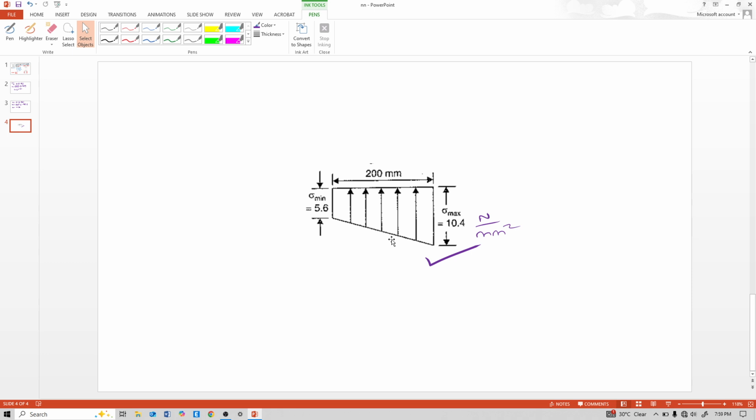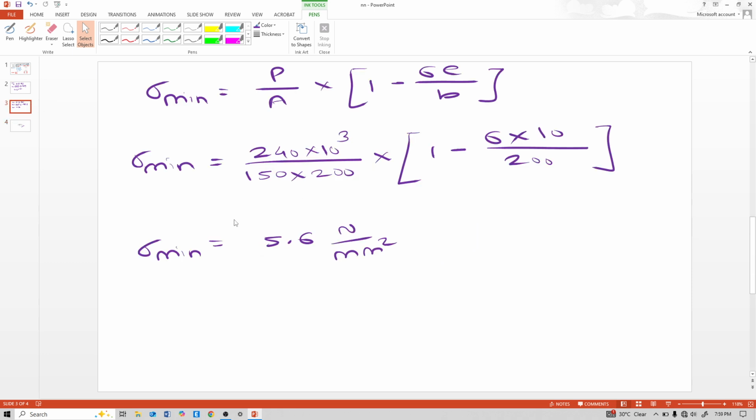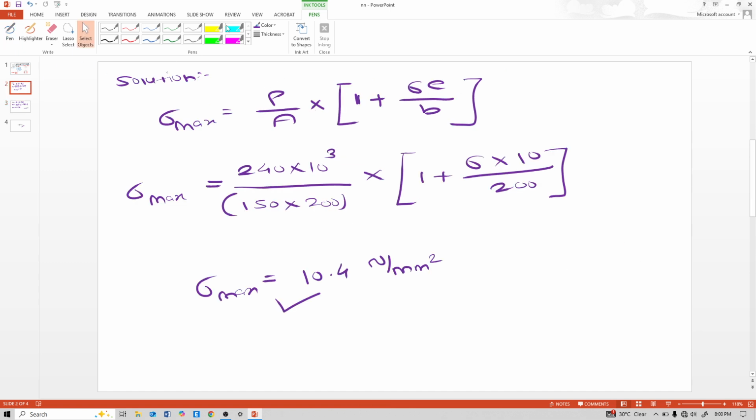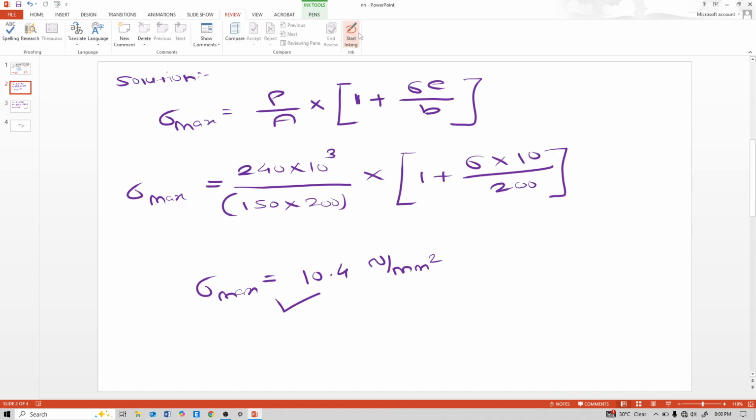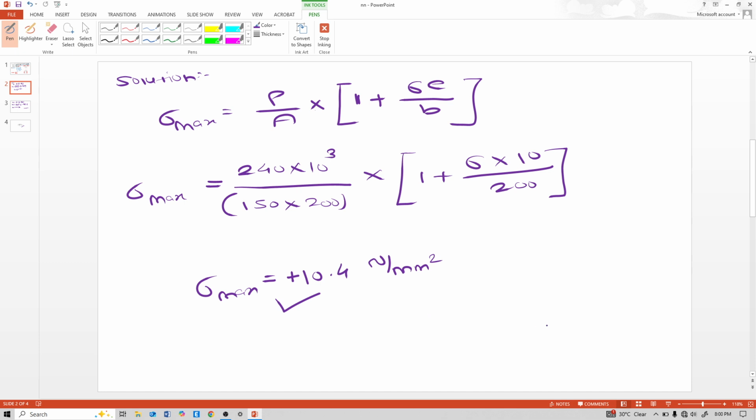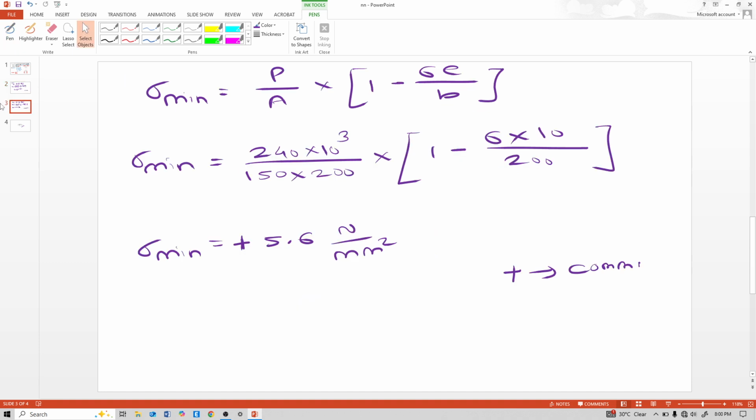Remember that when our stress comes positive, that stress is always compressive in nature. So our sigma minimum stress is compressive and maximum stress is also compressive, because maximum stress is also positive. If it comes negative, that means it will be tensile.